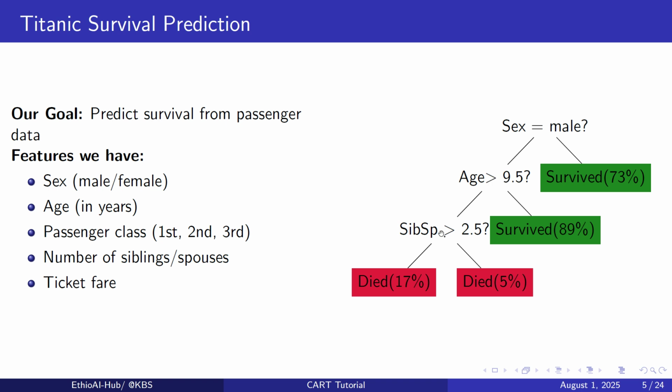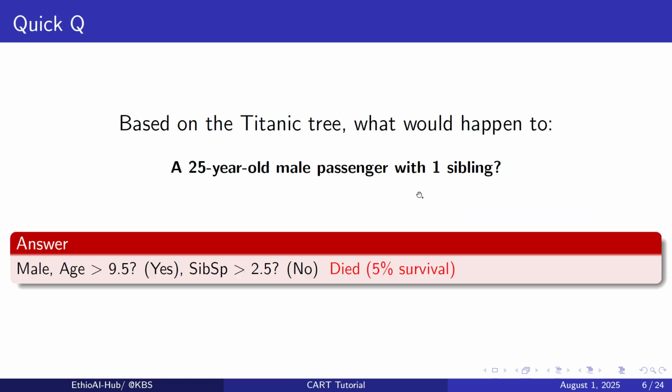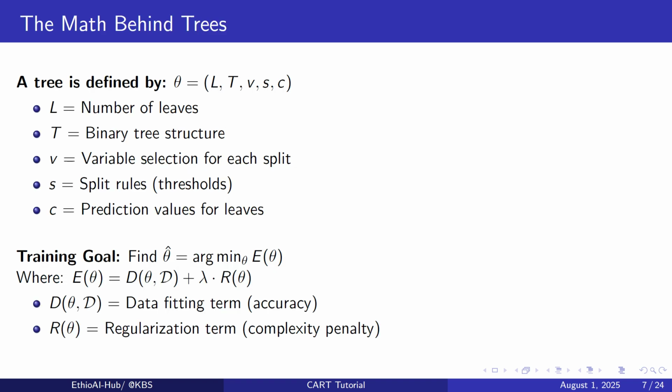You come to this, and he has one sibling, right? ስለዚህ ወደዚህ ሳይሆን በዚህኛው ሳይድ ነው የሚሄደው, and the answer would be 5% survival, or 95% he would probably die if he's a person, male, greater than 9.5 age and more siblings ያለው ከሆነ the chance survive ማድረግ እንትሉ 5% ነው ማለት ነው.